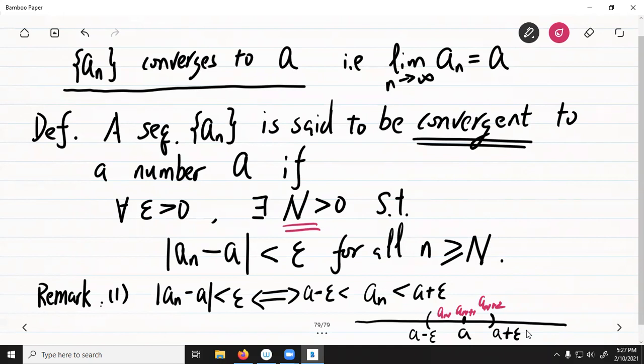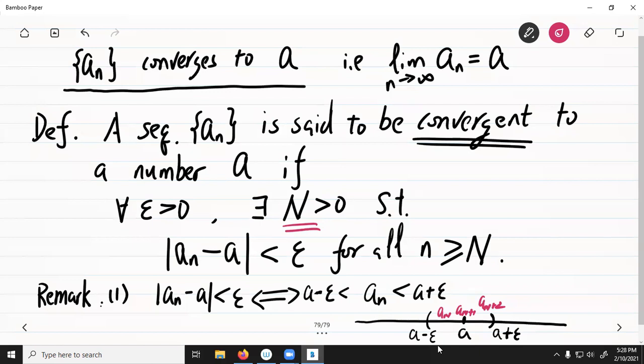You can see we can choose epsilon to be very small, so it will be very close to A, right? But no matter how small it is, for each epsilon you choose, the smaller the epsilon, you can always find this capital N. After that index, a_{N+1}, a_{N+2}, a_{N+3}, all the members in the sequence will be inside this interval.